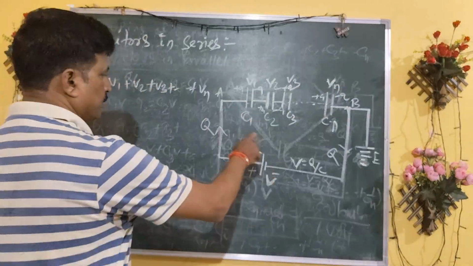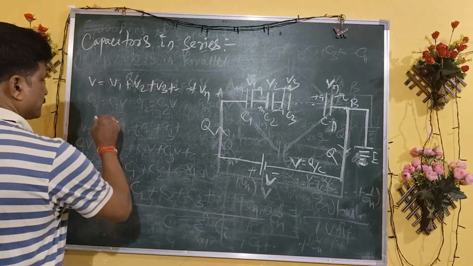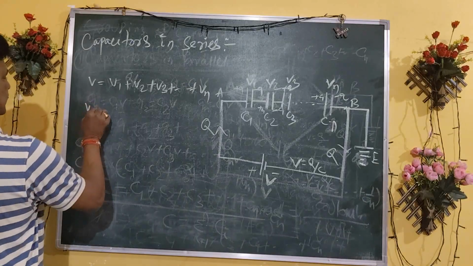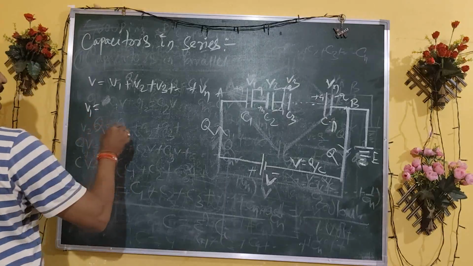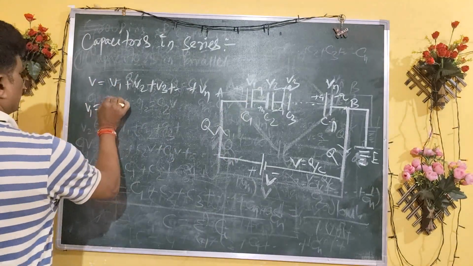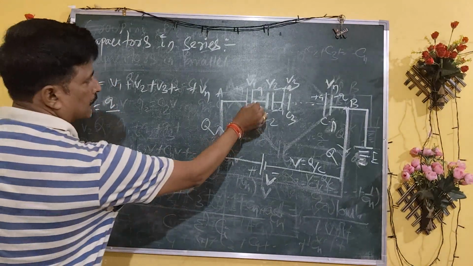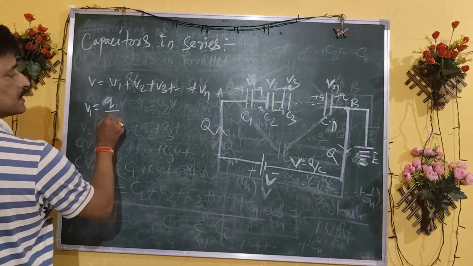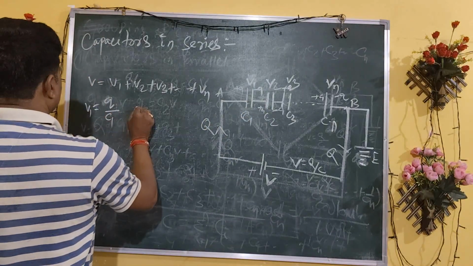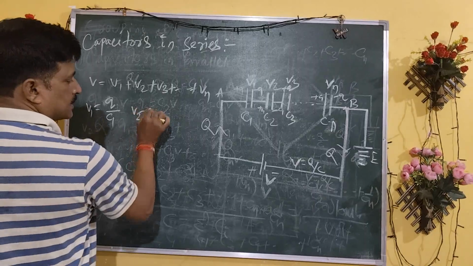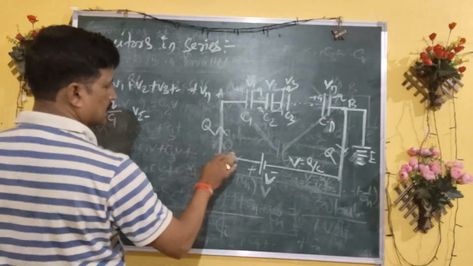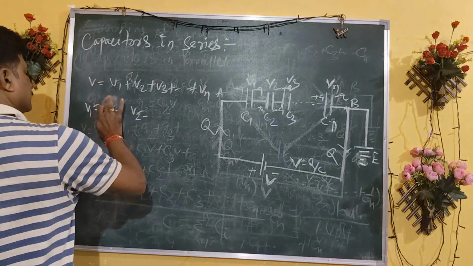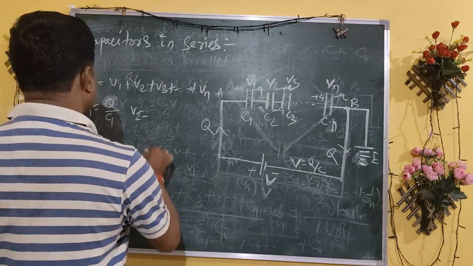Now we will go to the charge. For the first one, V1 is equal to Q by C1.